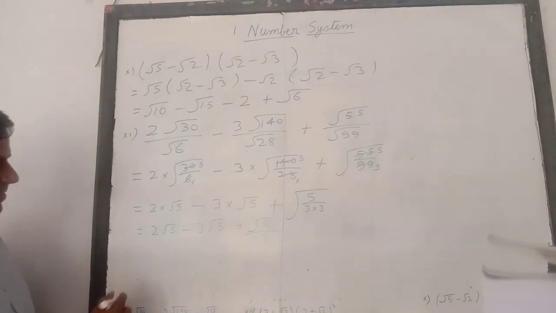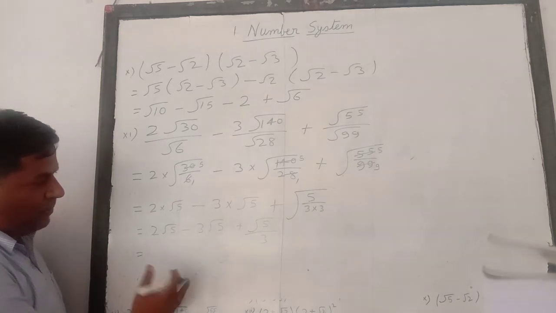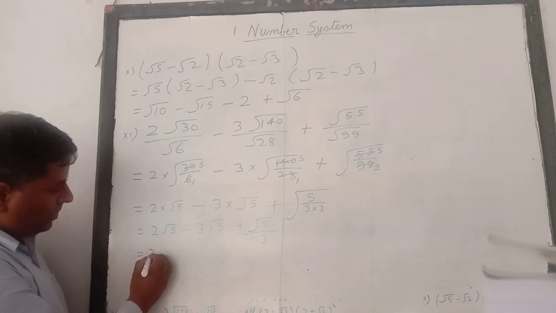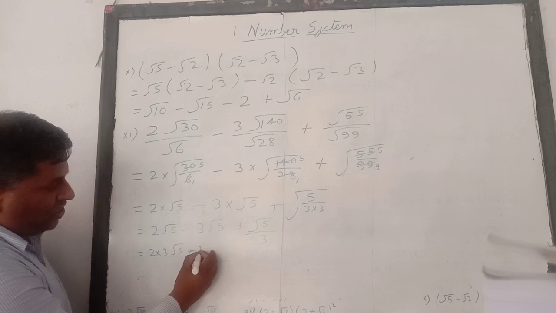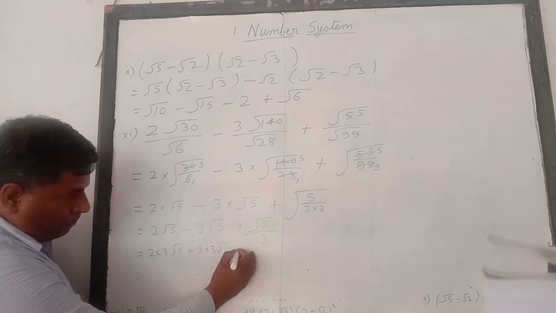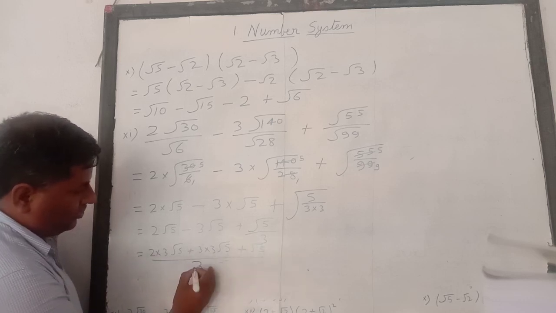Now we can take the LCM and simplify. The LCM of 2, 3 and 1 will be 3. So we have to multiply this by 3. So 2 into 3, 6√5, minus 3 into 3, 9√5, plus √5, all divided by 3.